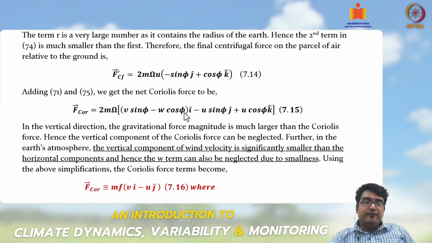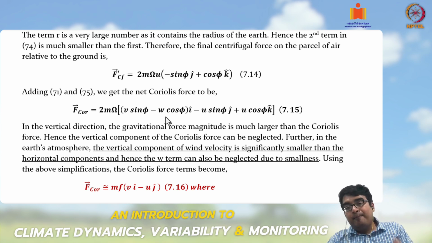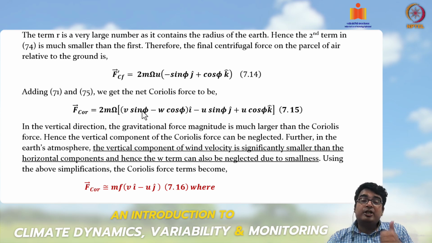Because this is a cos phi term, as phi decreases, latitude goes towards the equator, this cos phi term becomes large, and this sin phi term becomes small. As a result, there will be a region where w cos phi will be larger than v sin phi, only because sin phi has become much smaller and cos phi is close to 1.